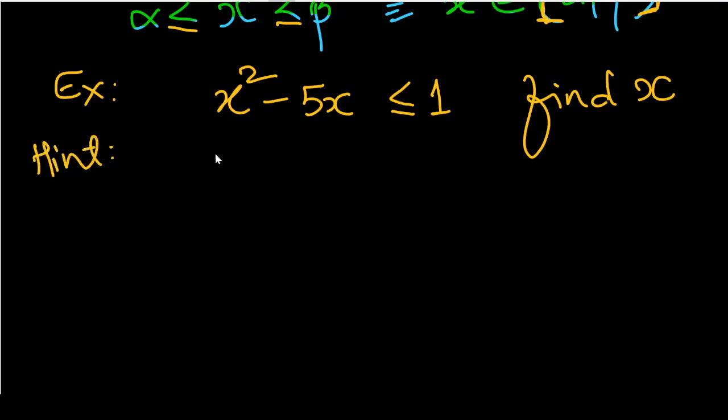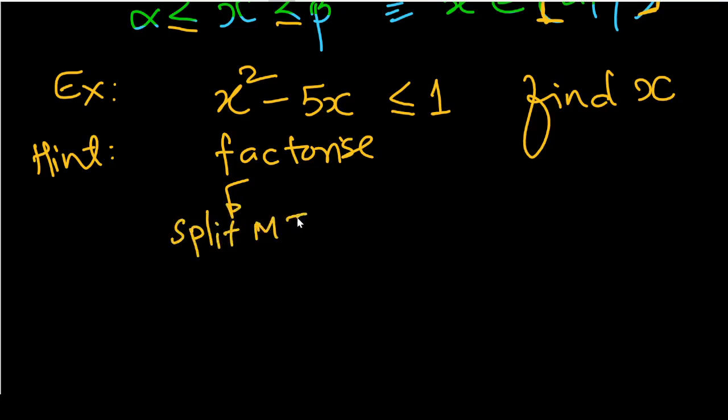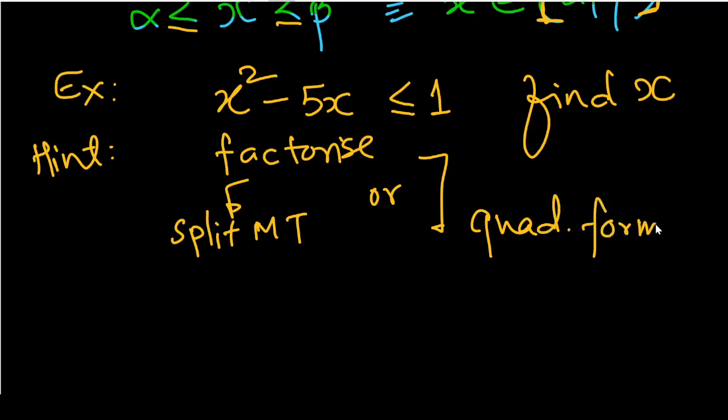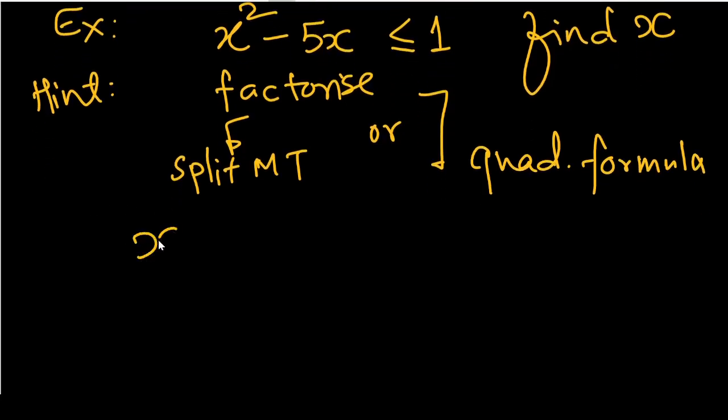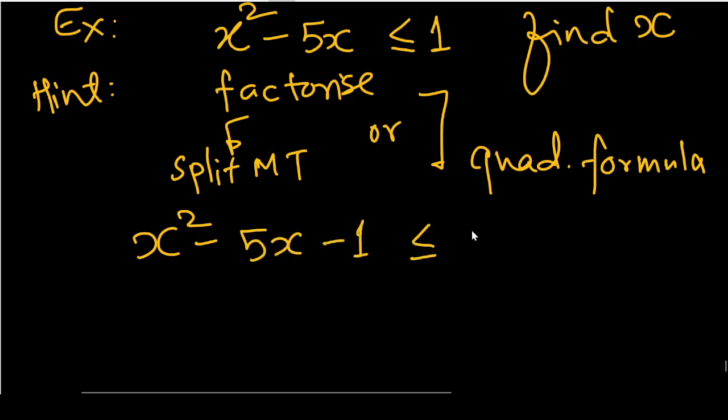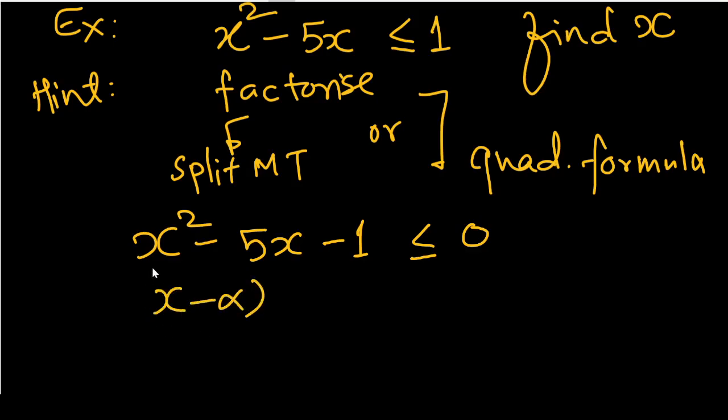Factorize using either splitting the middle term, or using quadratic formula or Sridharacharya formula. Okay, so factorize what: x square minus 5x minus 1 less than equal to 0. So you have to factorize this equation in the form of the roots alpha and beta.